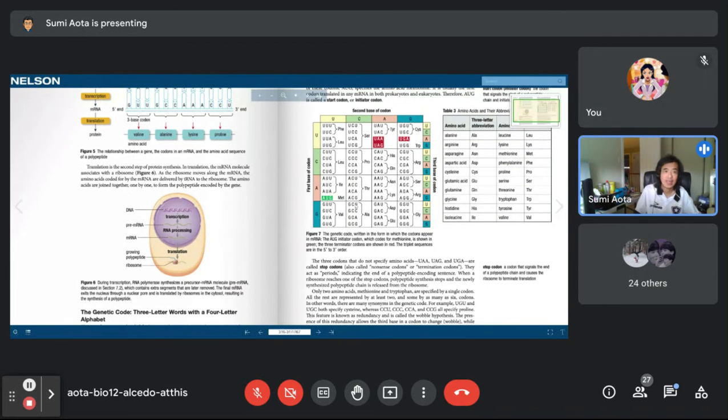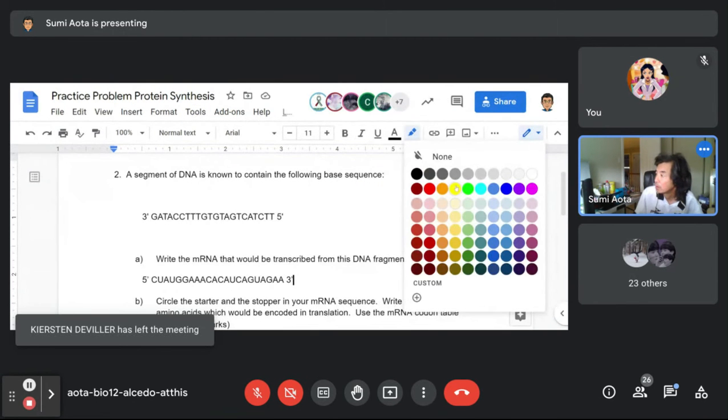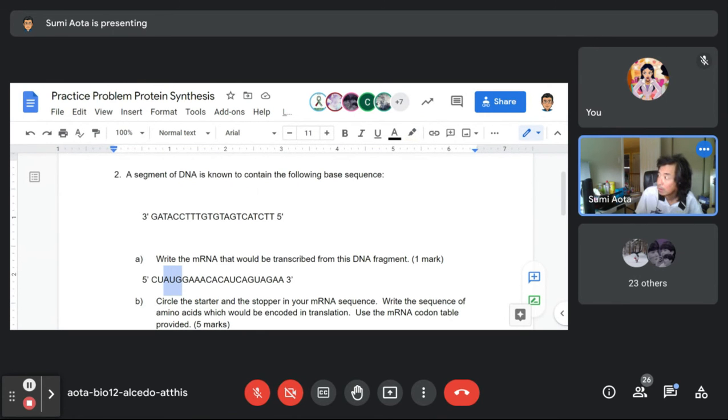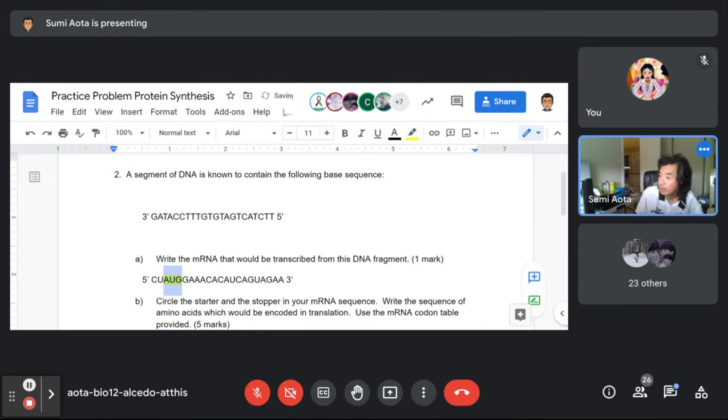So if you look at this sequence, what you see right here, there's my starter. Okay, which means that this sequence is going to break up into codons from here.